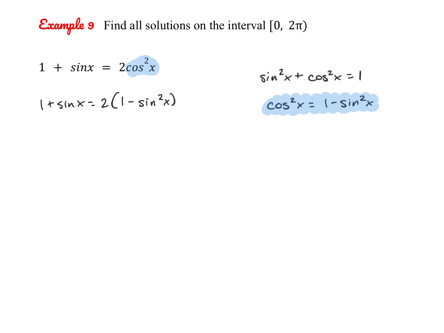And then we can try to see if there's a way to factor this one. So we have negative 2 sine squared of x plus 2. So let's move everything over to the same side.